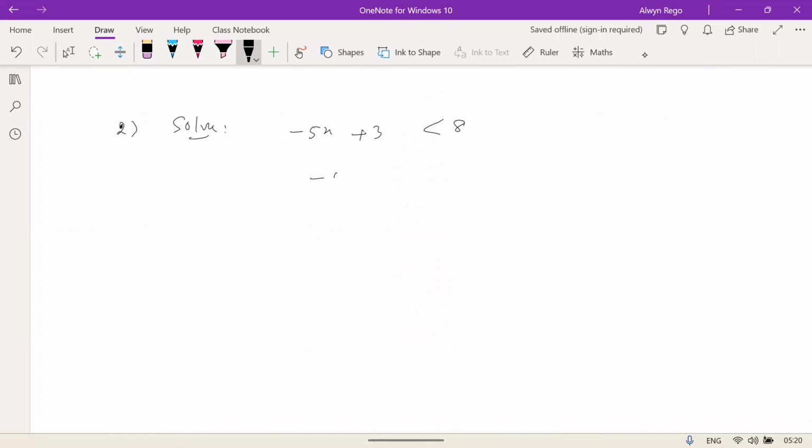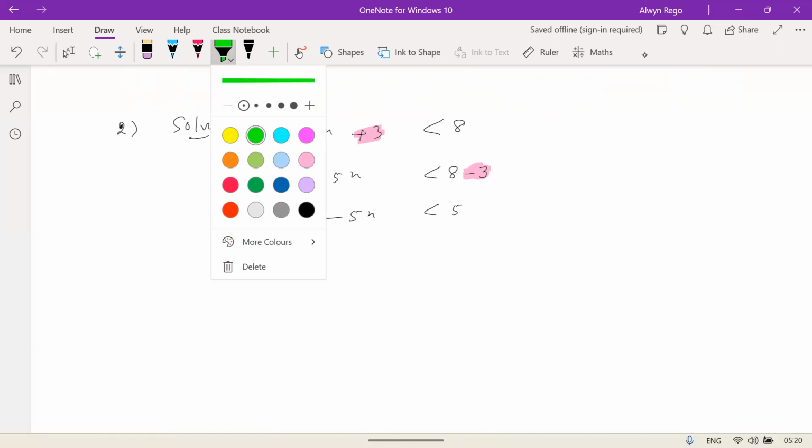I can say negative 5x here is less than 8 minus 3. Therefore, negative 5x is less than 5. Remember, transposing this to the other side is as good as subtracting 3 on either side.